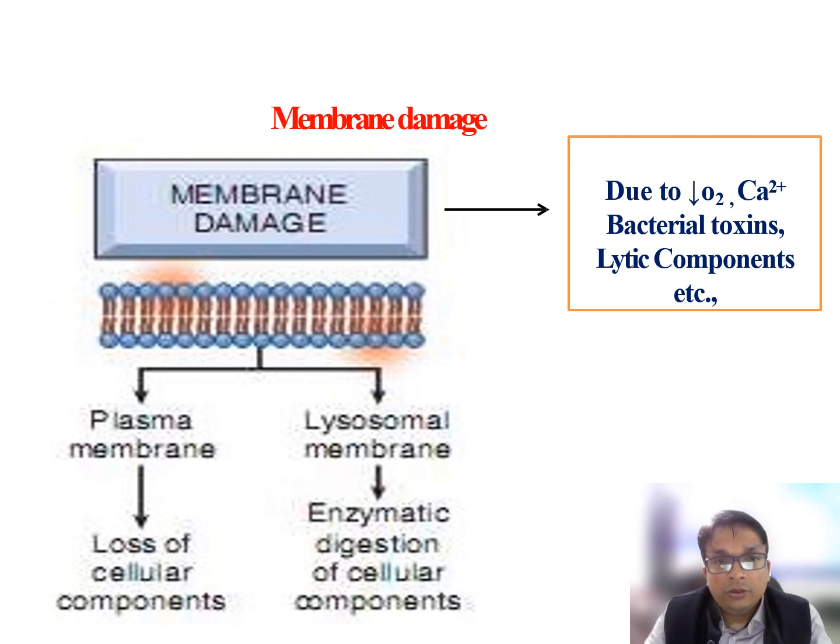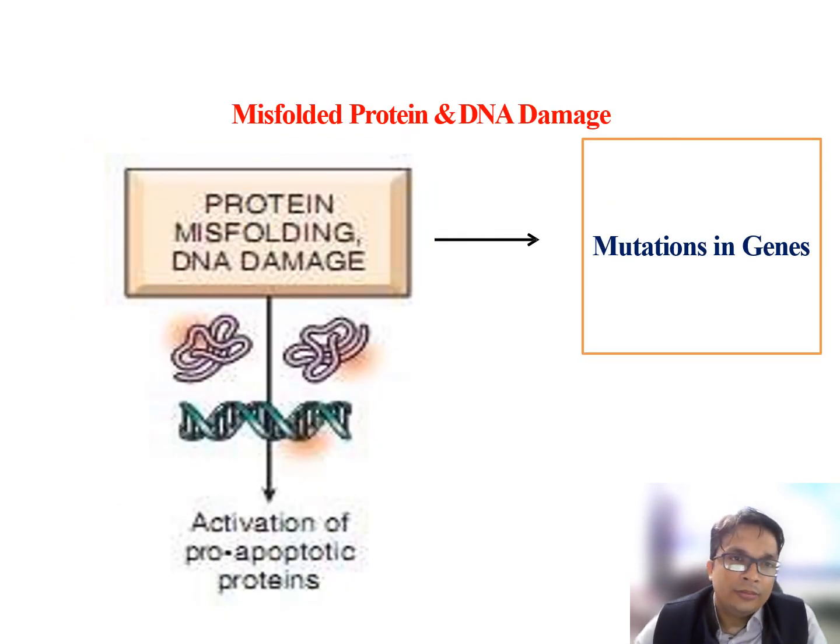Now the same thing will happen: the lysosomal membrane gets damaged, and digestive enzymes result in digestion of its own cellular components, cellular proteins, that ultimately results in cellular injury due to membrane damage.